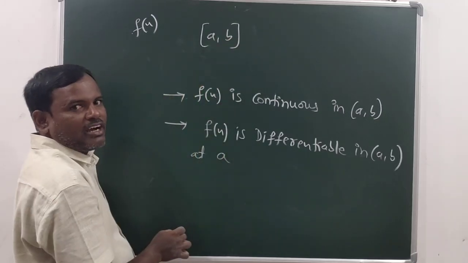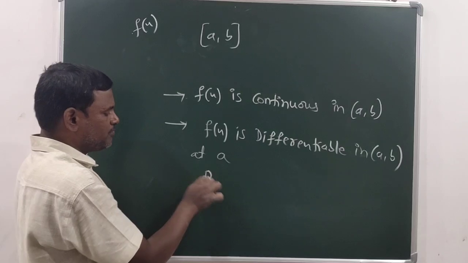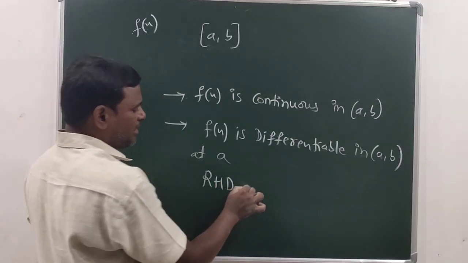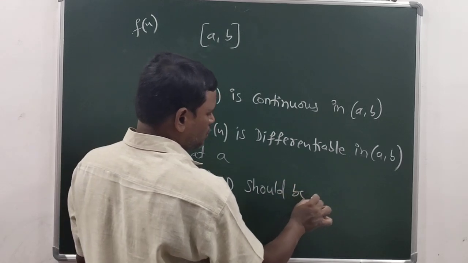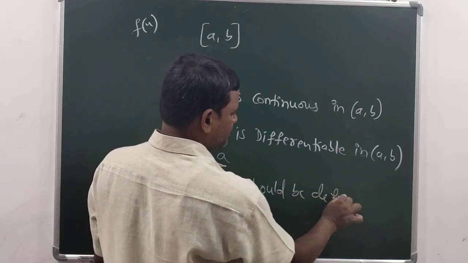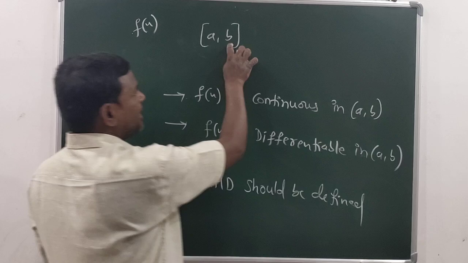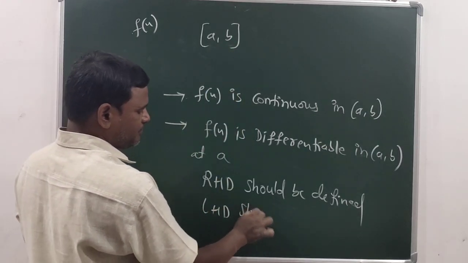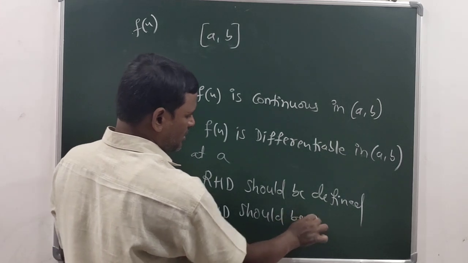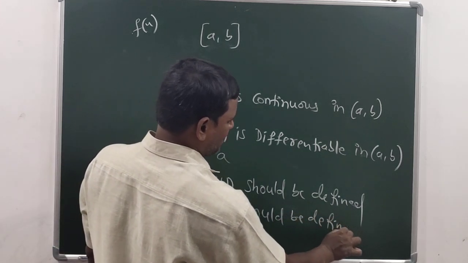At a, the RHD of the function must be possible. RHD should be defined, and at b, the LHD should be defined. Defined means it attains a finite result.